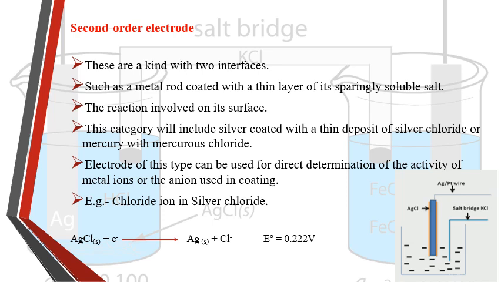This category will include silver coated with a thin deposit of silver chloride or mercury with mercurous chloride. The electrode of this type can be used for direct determination of the activity of metal ions or the anions used in coating.